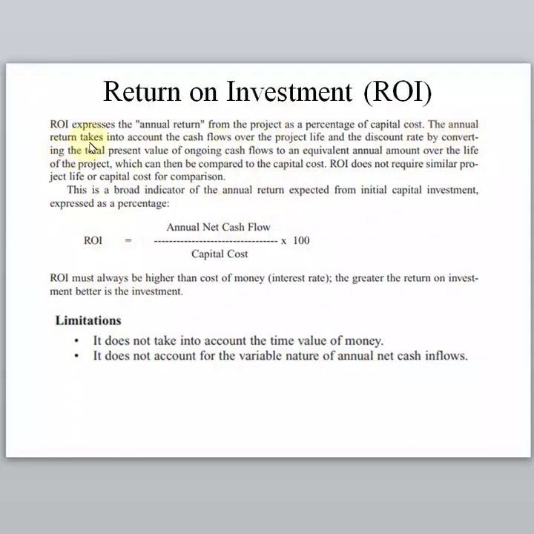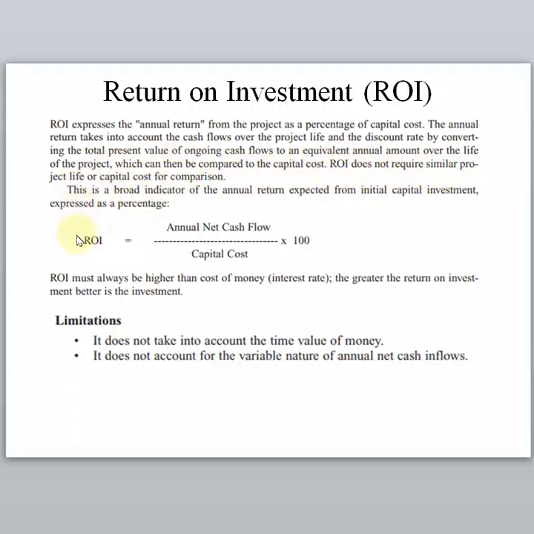The annual return takes into account the cash flows over the project life and the discount rate, by converting the total present value of ongoing cash to an equivalent annual amount over the life of the project, which can also be compared to the capital cost. Here, return on investment does not require similar project life or capital cost for comparison. This is the main part.